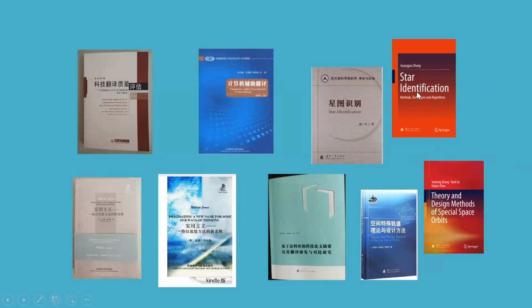And I, with my students, translated the 2 monographs into English, and they both got published by Springer. So the quality of these 2 translations, with the aid of computer technology, is basically quite good. And I also translated a book of philosophy written by William James.